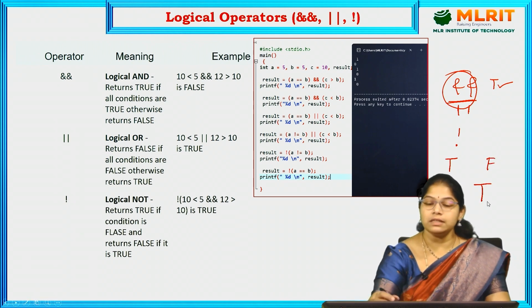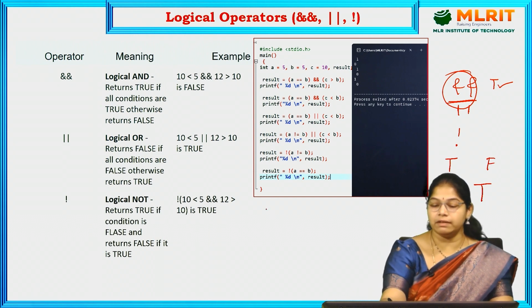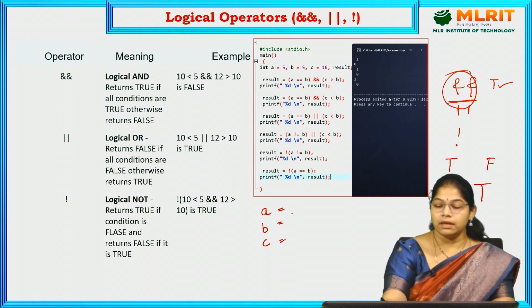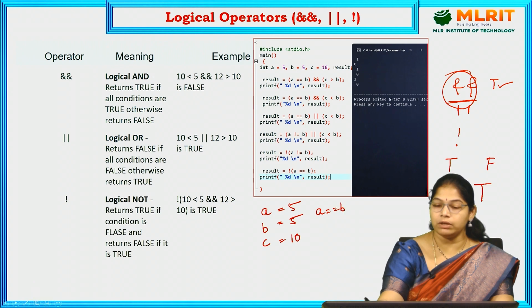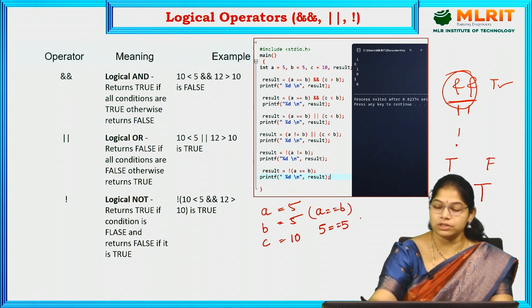Now, if we consider an example, here I have taken the values of A, B, C as A value is 5, B value is 5, and C value is 10. So, here I am using the expression A equal to B. A value is 5, 5 equal to 5, B value is 5. Yes, this condition is true.